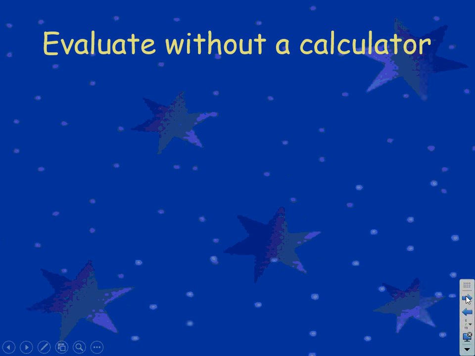Now let's evaluate without a calculator because I haven't had to use a calculator yet. So here's what I'm going to give you. Log base 3 of 81 is equal to. And what are you thinking? Well, hold on. You're just giving me a number. Now, how did you get that number?